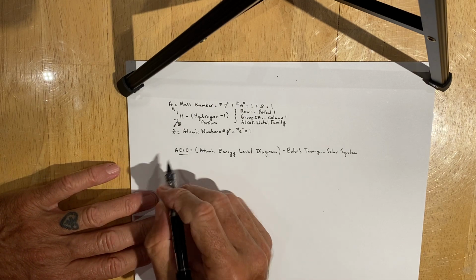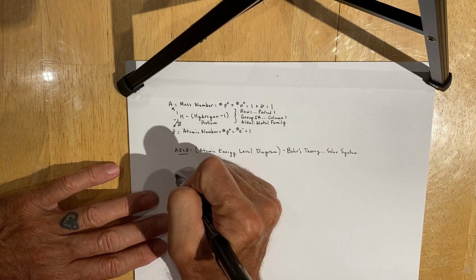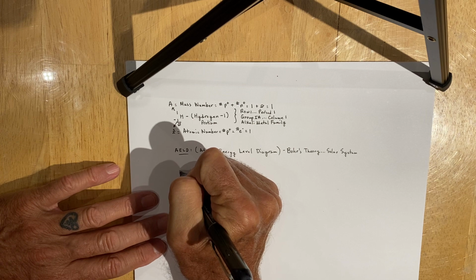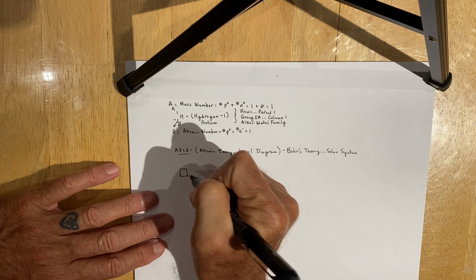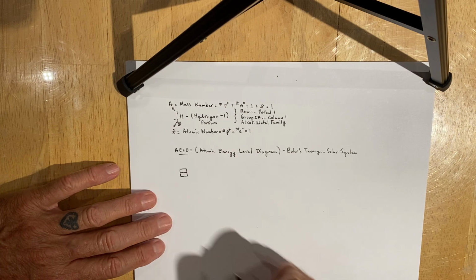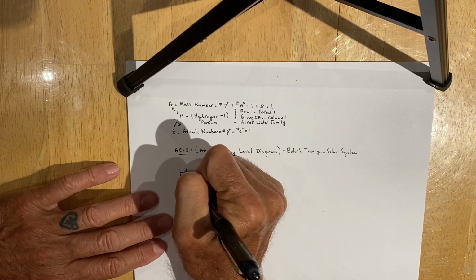That being said, to develop the AELD, what I want you to do is simply to draw a box to represent the particles that make up the nucleus. Divide the box in 2.